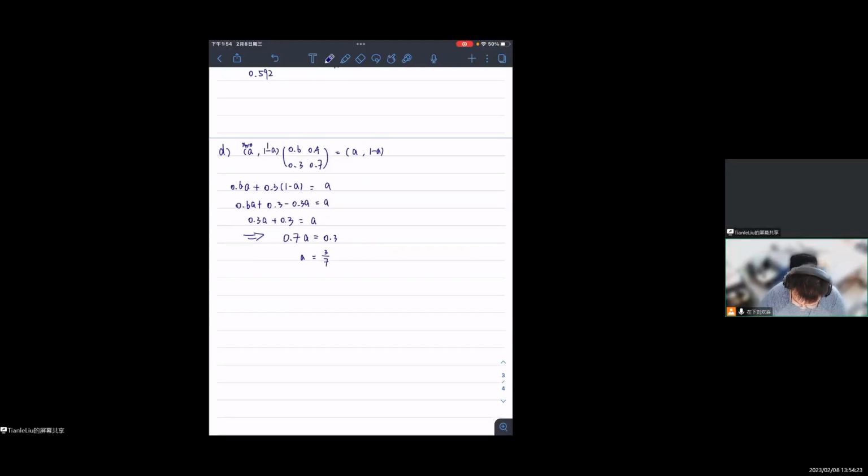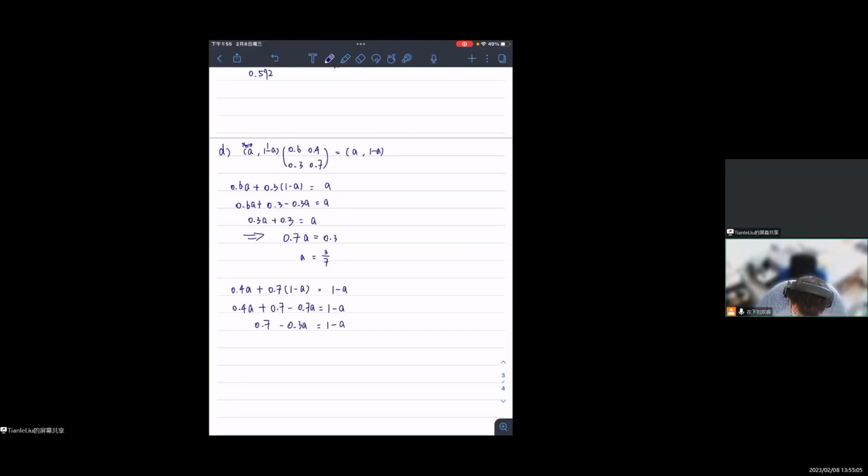Checking by another formula, we can have the 0.4a plus 0.7 times 1 minus a equals to 1 minus a. So we have 0.4a plus 0.7 minus 0.7a, so which is 0.7 minus 0.3a equals to 1 minus a.